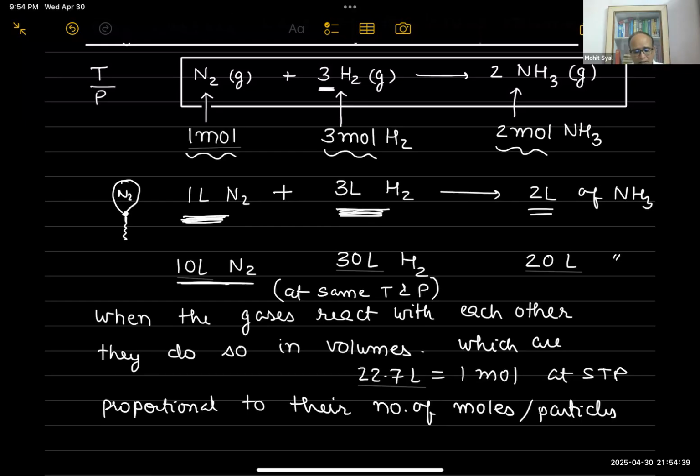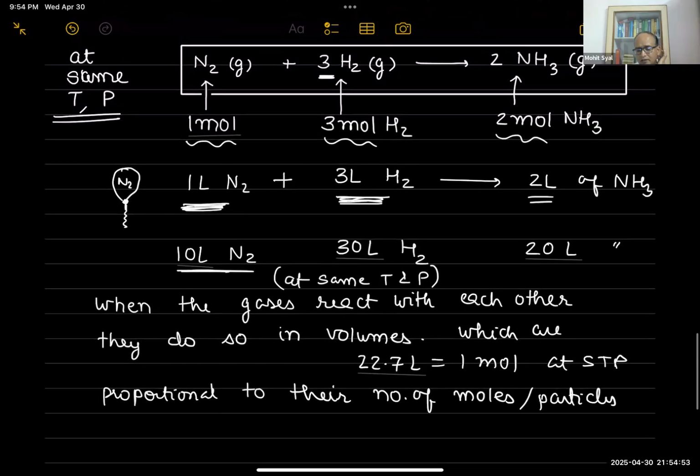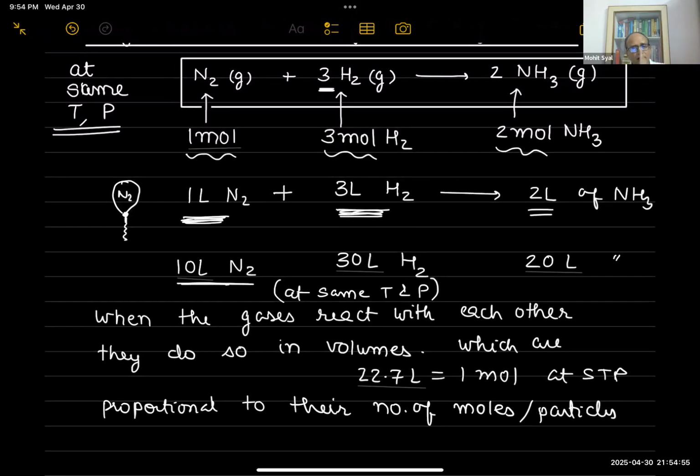So I assume that the temperature and pressure are same for all the gases. Is it clear? So whatever the mole ratios are there, that will be the combining ratios of their volumes for gases. Okay, be careful.